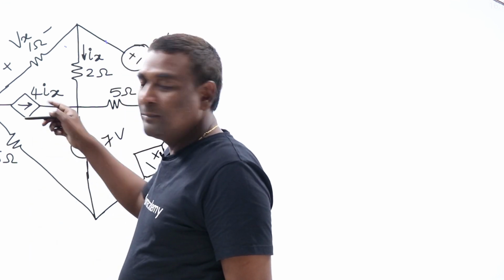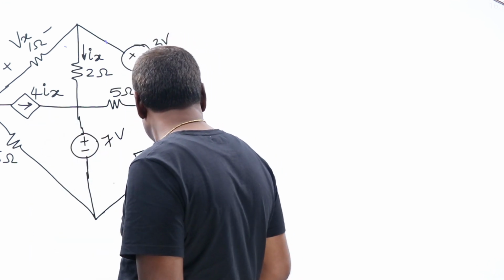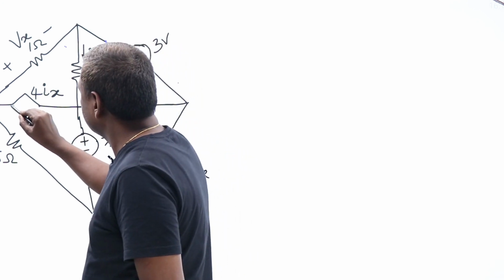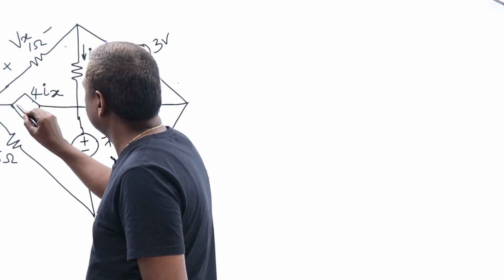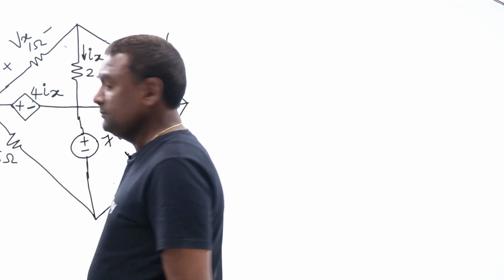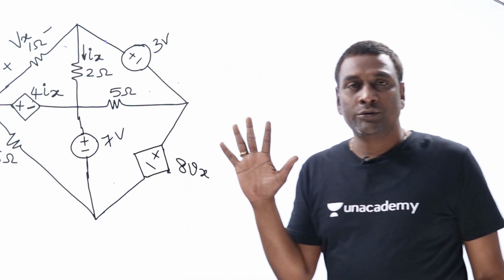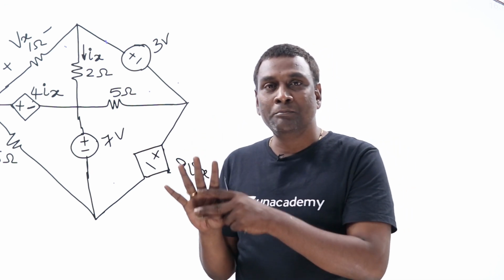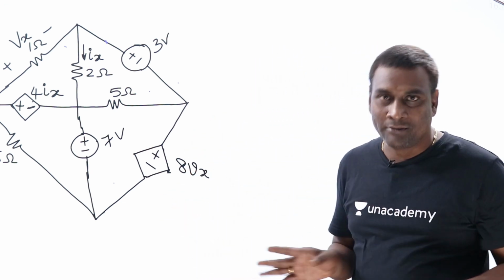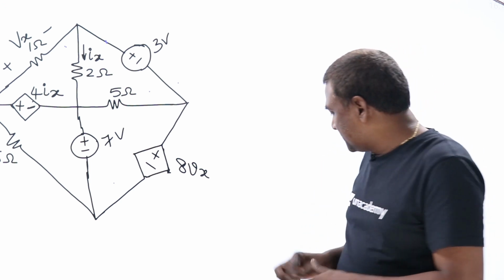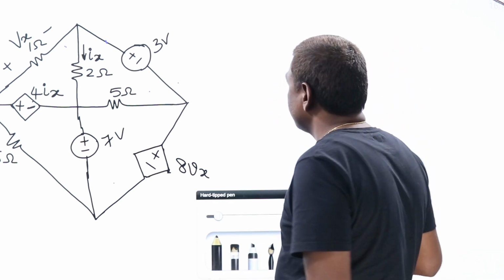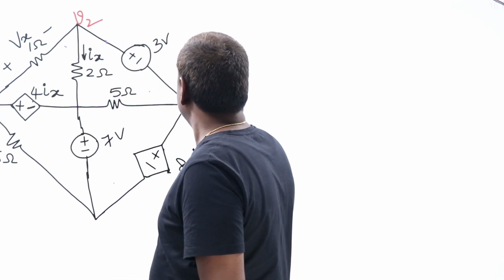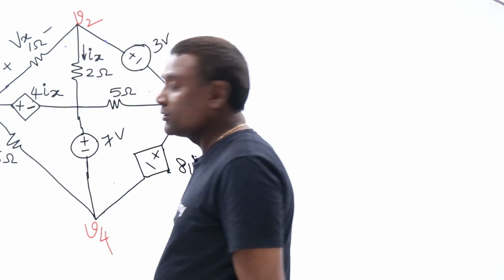Let me convert this into a voltage source, 4ix, maybe plus minus. Now 5 nodes, equations. Okay. Now 4 voltage sources are there, meaning that you are not supposed to apply KCL at all. Without applying KCL, V1, V2, V3, V4. Okay.